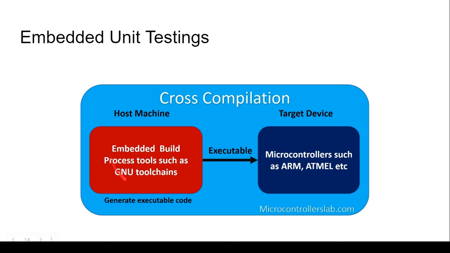Before that, we need to install the Arduino IDE or PlatformIO IDE and write the program on the host machine. We are writing the program on the host machine, compiling it into binary files, and then uploading it into the target device. This is known as cross compilation. We are writing a program on one platform but compiling it for a different platform.